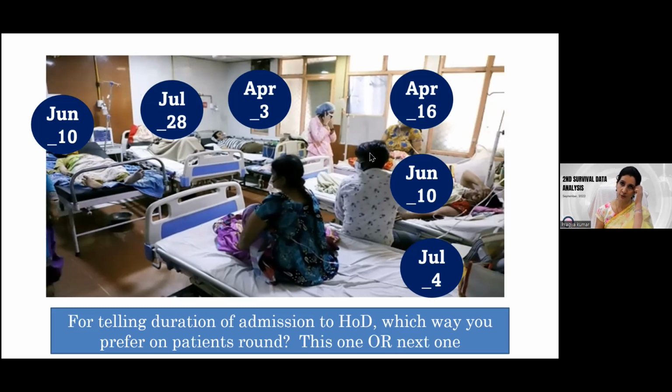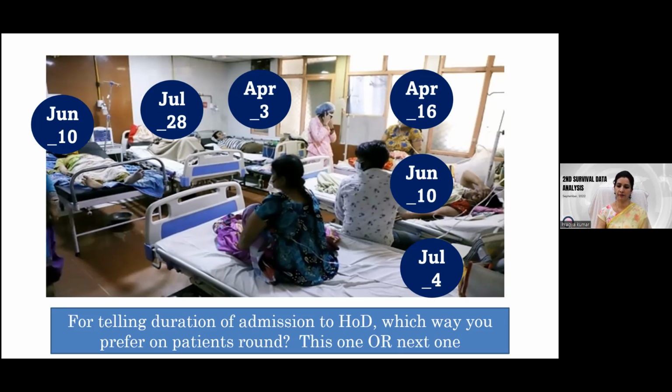So if the HOD comes to you and asks you to brief the HOD regarding the duration of hospital stay, will you tell him that this patient got admitted on June 10, or will you say that this is this many days, maybe 10th day of hospital stay or maybe 11th day of hospital stay?